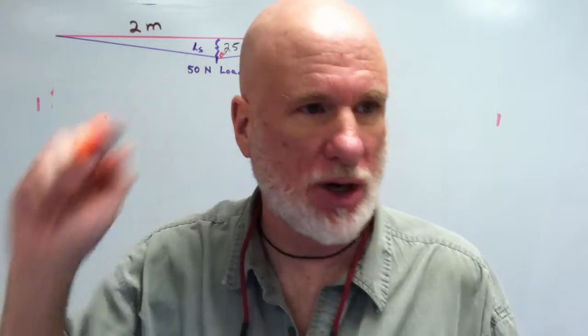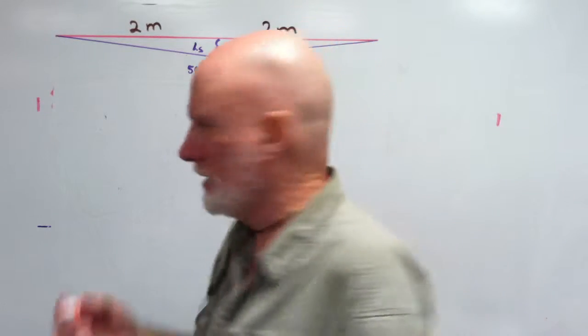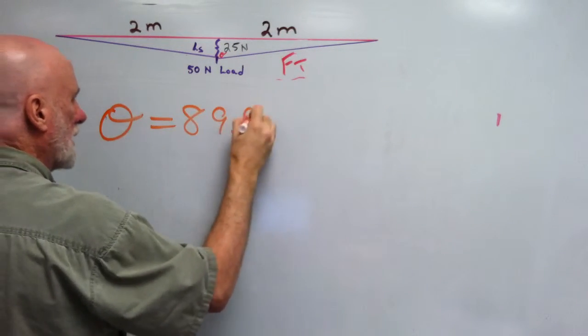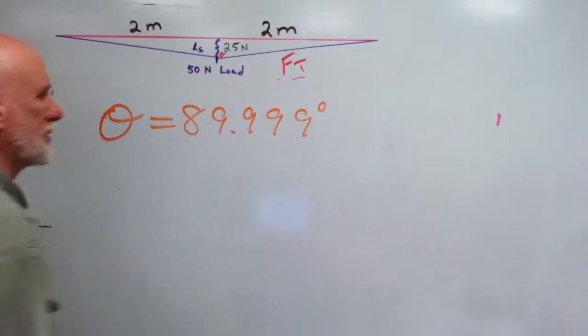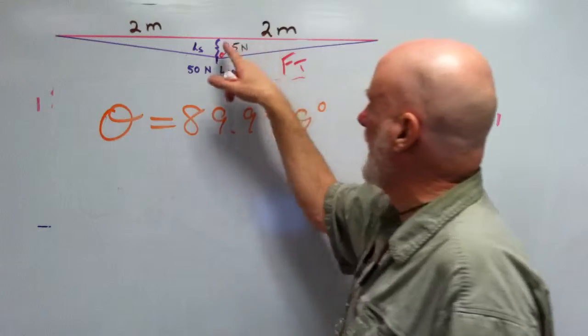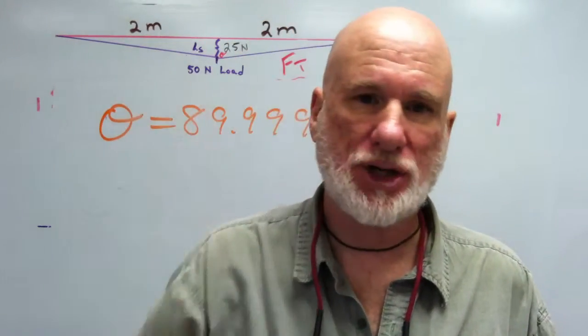Welcome back. We're going to determine LS, that value, if the angle is 89.999 degrees. Now we know that half that line is 2 meters. Otherwise you couldn't really do it.